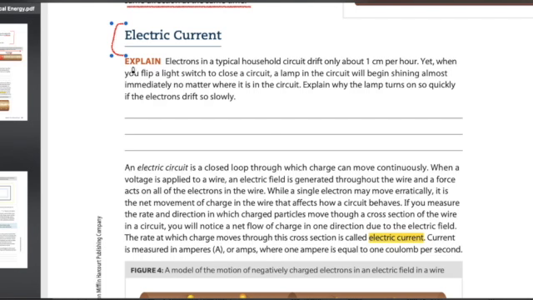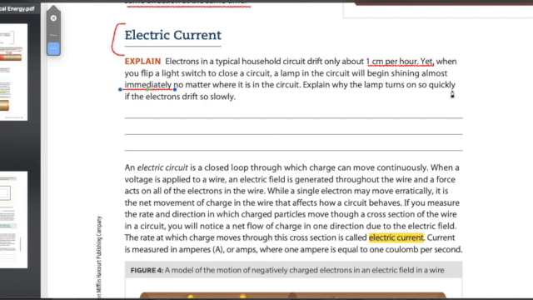So let's read here. It says, explain. Electrons in a typical household circuit drift only about 1 centimeter an hour. Yet, when you flip a light switch to close a circuit, a lamp in the circuit will begin shining almost immediately, no matter where it is in the circuit.